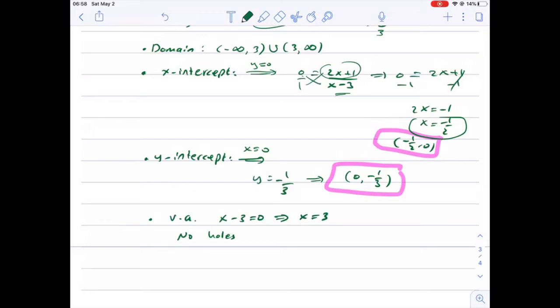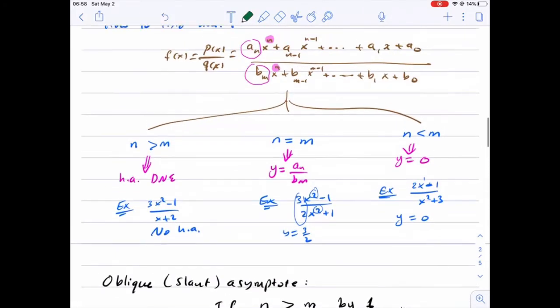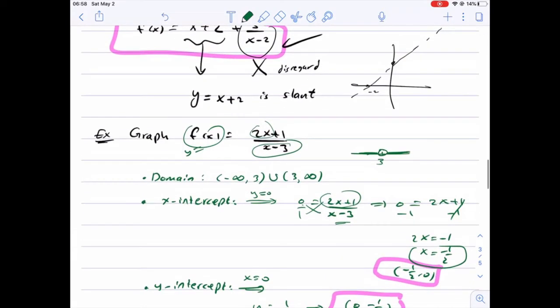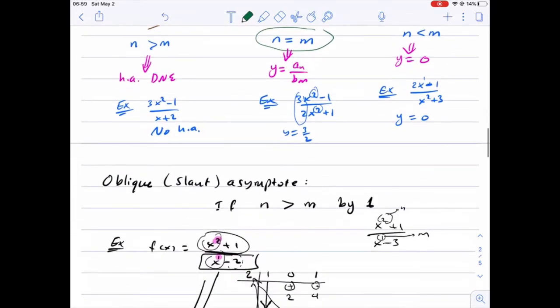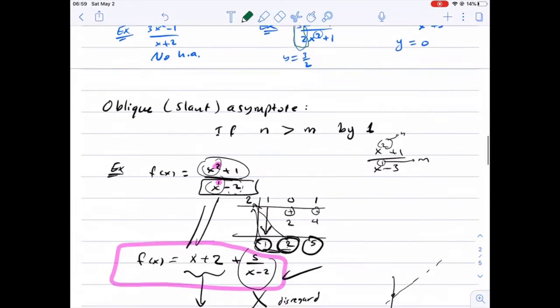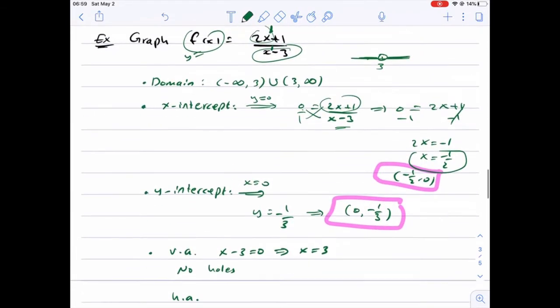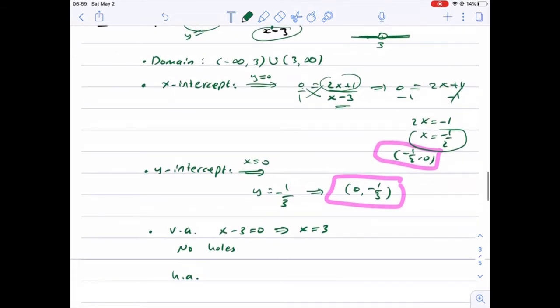And then we find the horizontal asymptote by using this diagram. As we can see, the degree of the numerator is 1, the degree of the denominator is 1, so the degrees are equal, and we just choose the leading coefficients, the coefficients of x with the highest power in the numerator and denominator. So here, what is that asymptote?